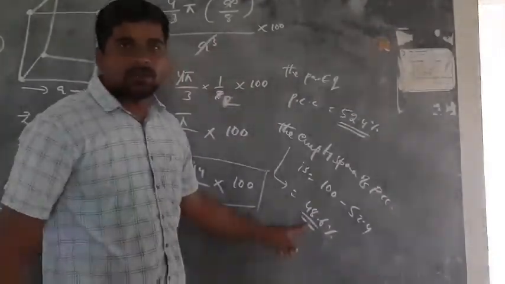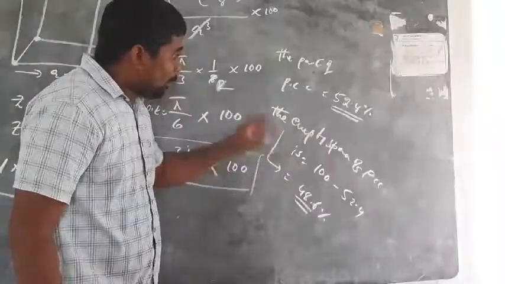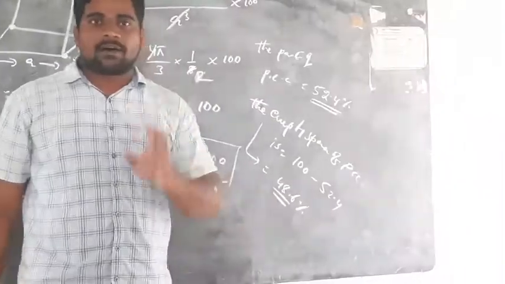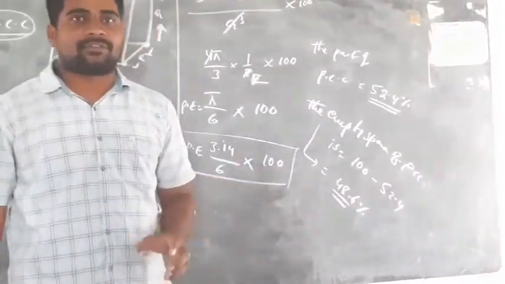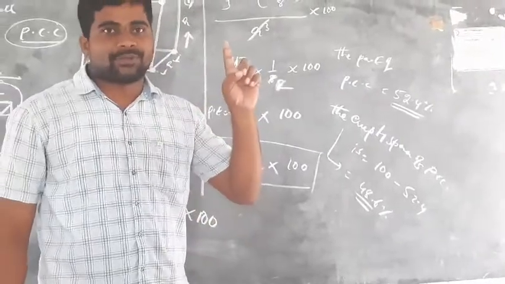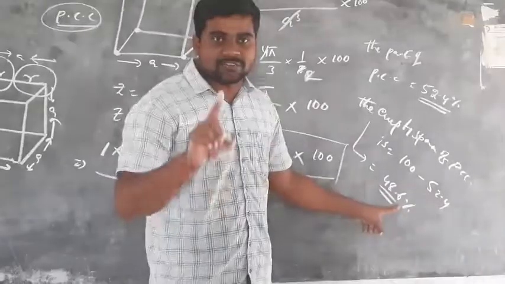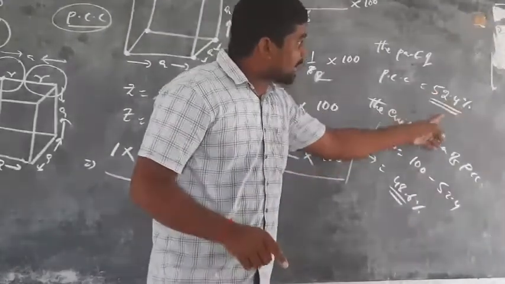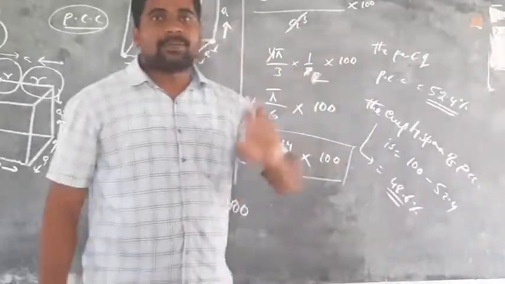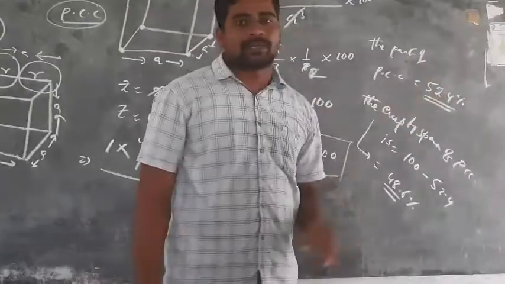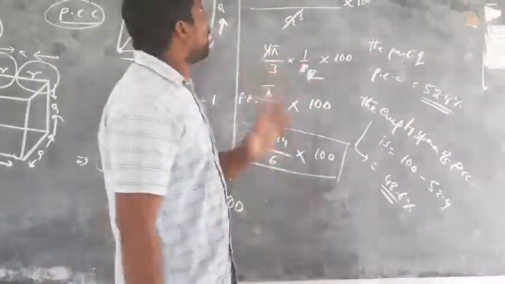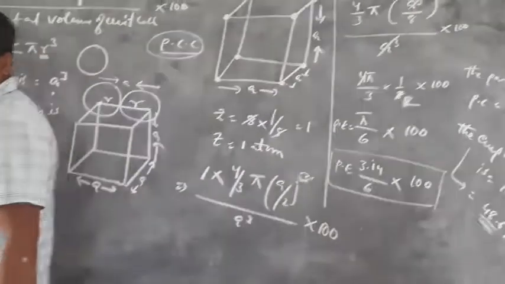It is a very important MCET bit. The empty space in the primitive unit cell is 48.6%, and the atoms present are 52.4%. Okay students, how to frame the bit? It is one type of MCET bit.